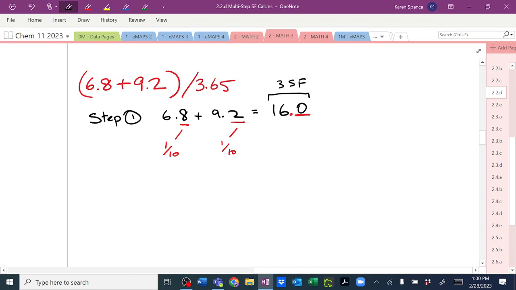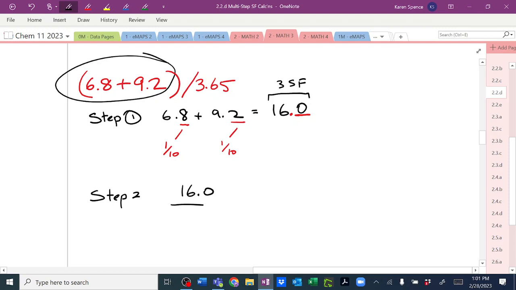Okay, for step 1. Now step 2, we have the top part, which was 16.0. And we are now dividing by 3.65. Now we use the dividing rule, which is round to the least number of sig figs. We have 3 sig figs here, and we have 3 sig figs here, and we get 4.38356.